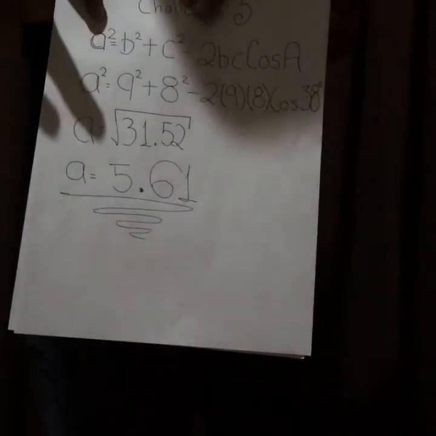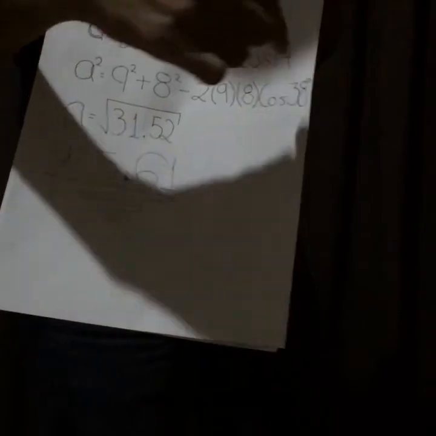So to get the measure A, we will have to apply the cosine law. The formula is a squared is equal to b squared plus c squared minus 2 multiplied by b multiplied by c multiplied by the cosine of A, which is the angle that we already have.